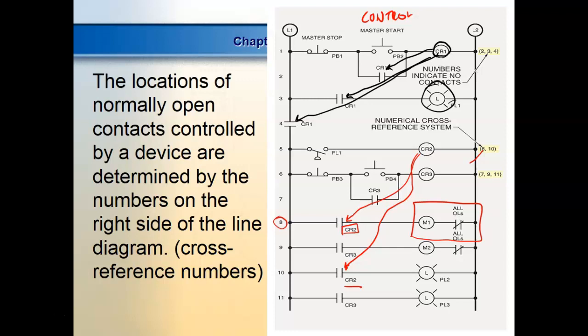Because it wasn't in the control circuit, because those were in the power circuit. So normally when we deal with controls, we have two circuits. We have one that's responsible for controlling the operation, and then we have one that handles the power of the operation.